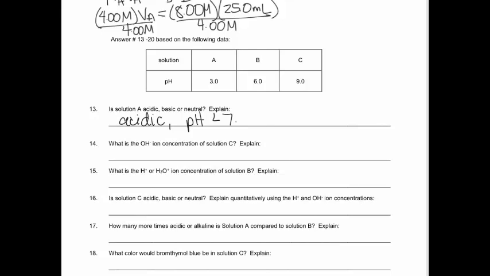Next one, what is the OH minus concentration of solution C? So we discussed the negative log of the concentration of H plus being the pH number. So the pH is actually the negative exponent on the concentration of H plus for each of these.